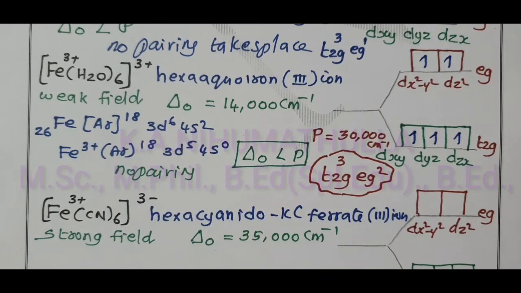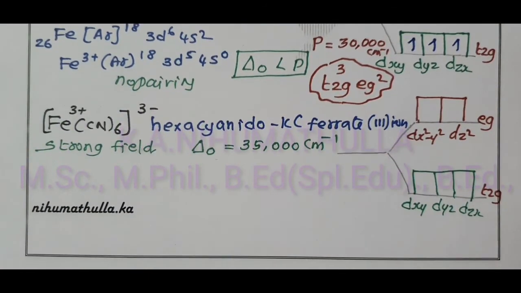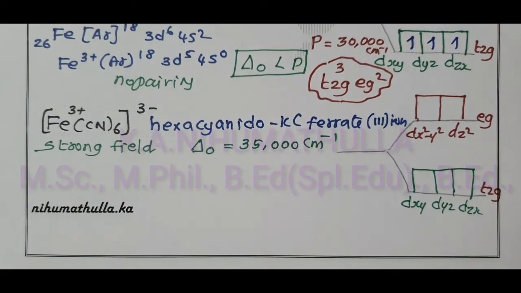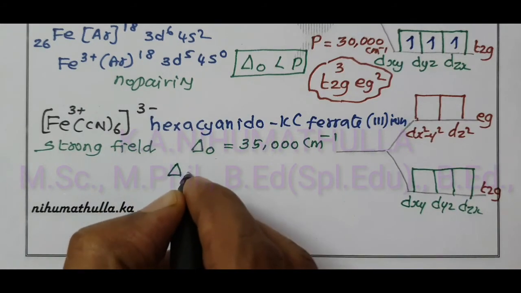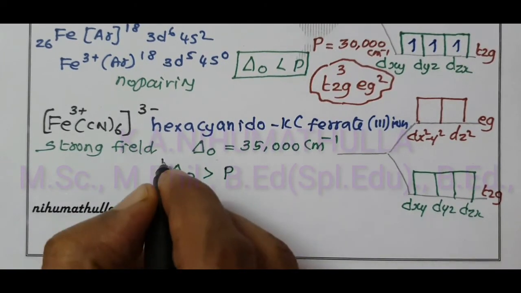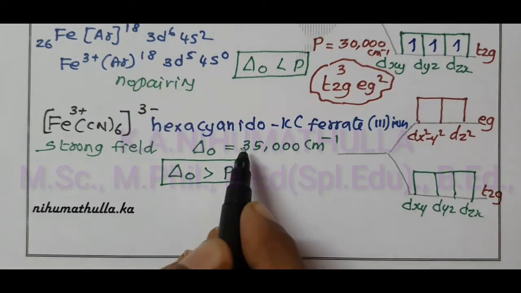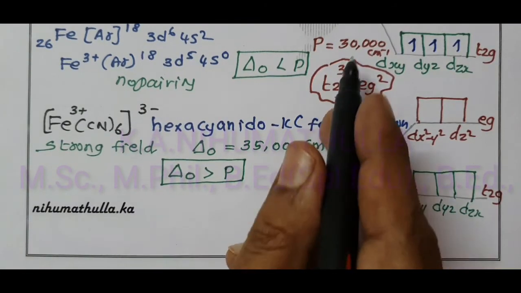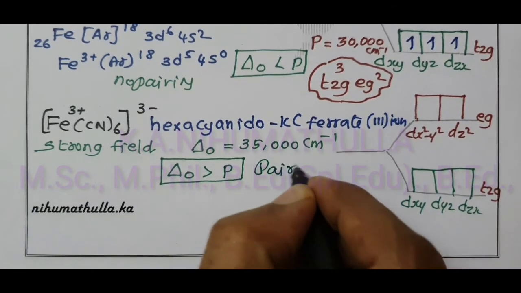Now, compare the delta O and P for the next complex. Delta O is 35,000, P is 30,000. So here the condition is that the octahedral crystal field splitting energy is greater than the pairing energy. Because this condition is obeyed, pairing takes place.